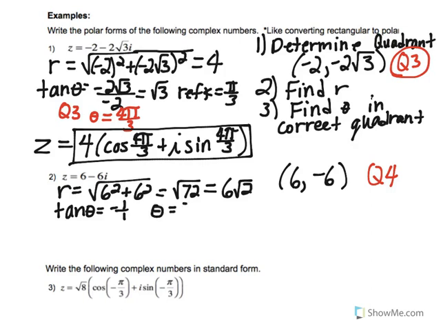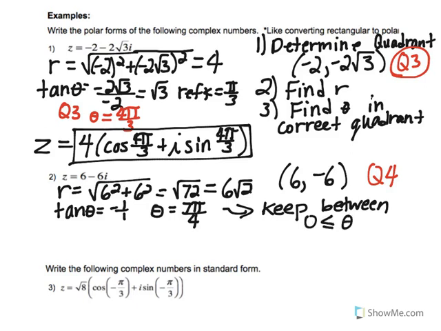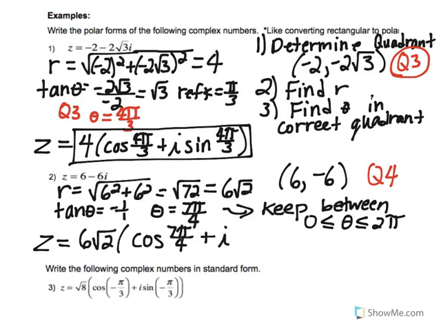We're going to go with the 7 pi over 4. If you are coming up with these yourself, keep your answers between 0 and 2 pi. So our final value for z in the polar format is 6 root 2 cosine 7 pi over 4 plus i sine 7 pi over 4.